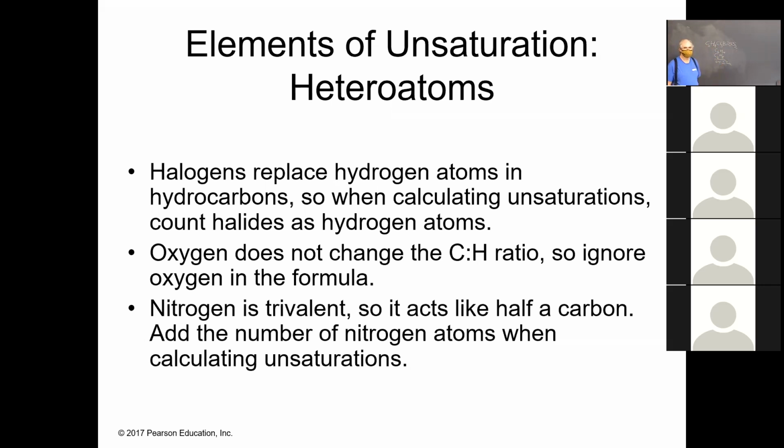So it would still be 3 unsaturation units if this were my formula. Nitrogen is trivalent, so we can subtract a hydrogen and a nitrogen. We would do that for each nitrogen. Phosphorus is right below nitrogen in the periodic table, so if we had a phosphorus, we would do exactly the same thing.